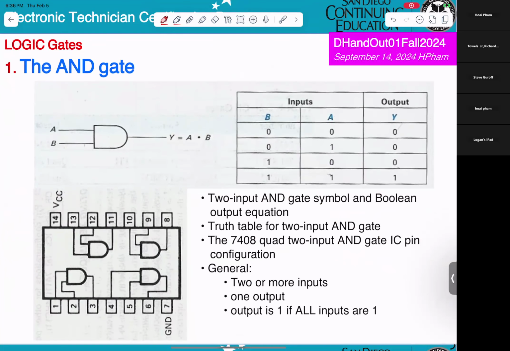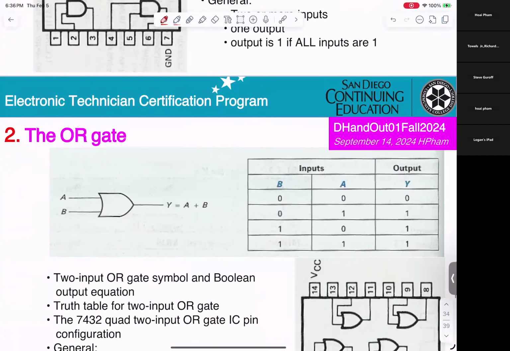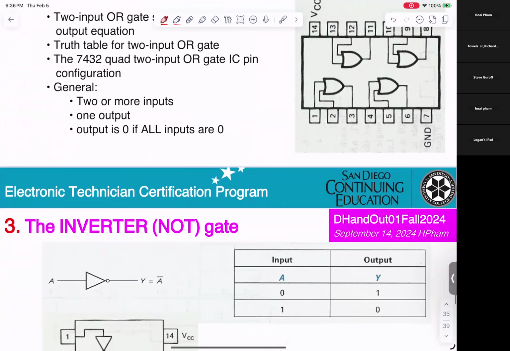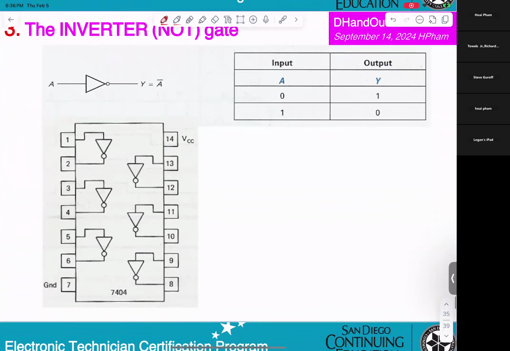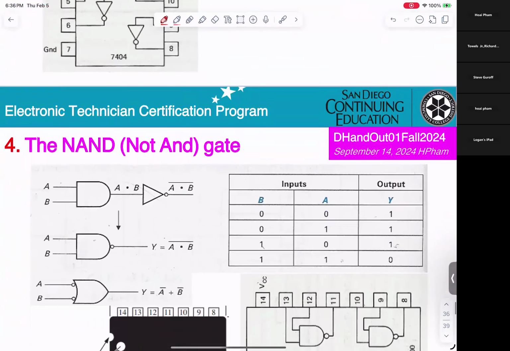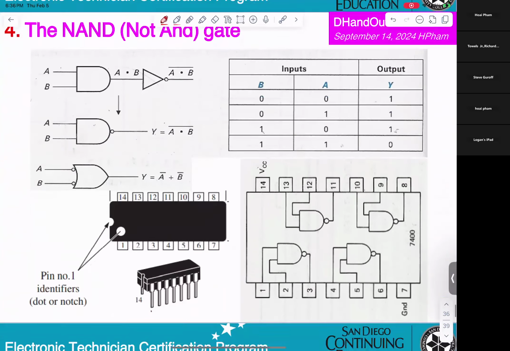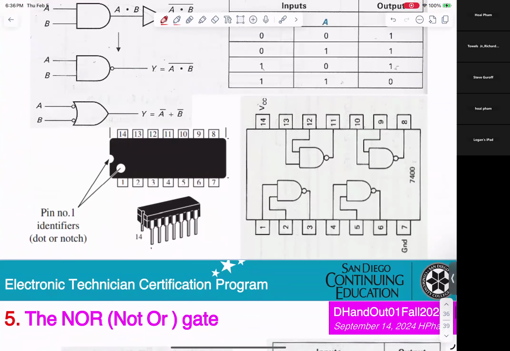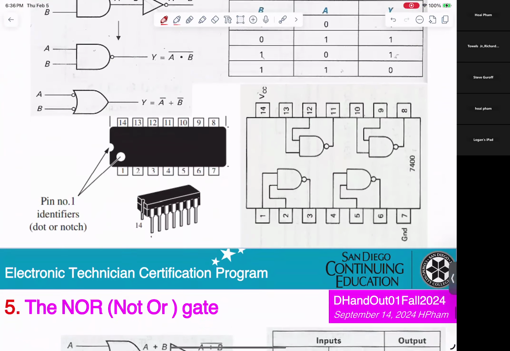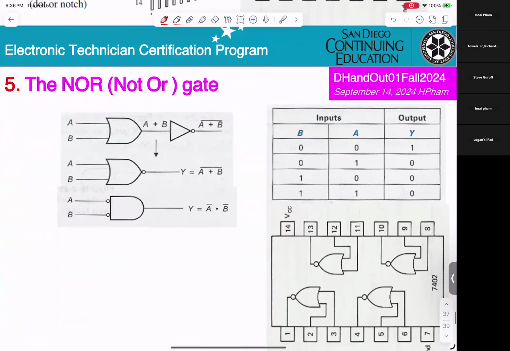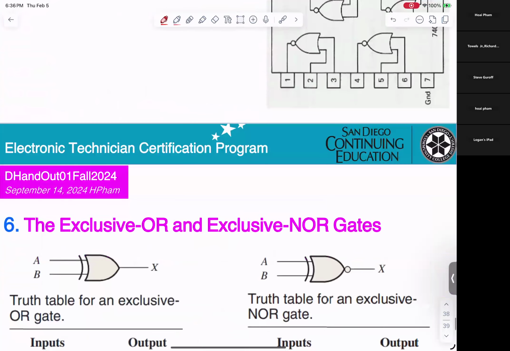Okay, so next time we're talking about what the IC AND gate looks like, and we're talking about the OR gate, inverter, NAND gate. You see this, the IC, okay, NOR gate, exclusive OR.